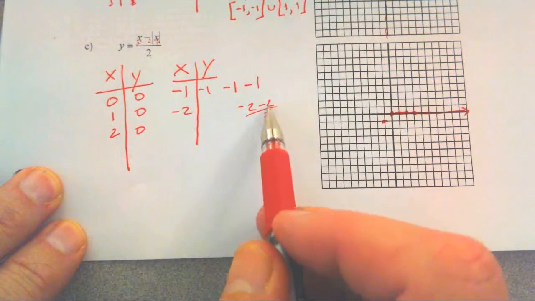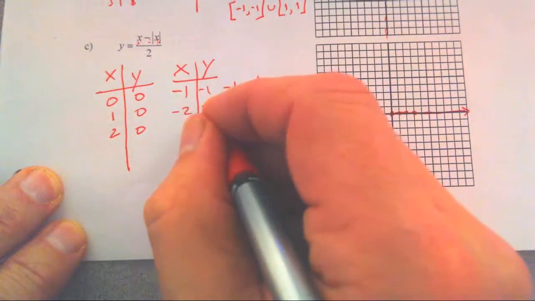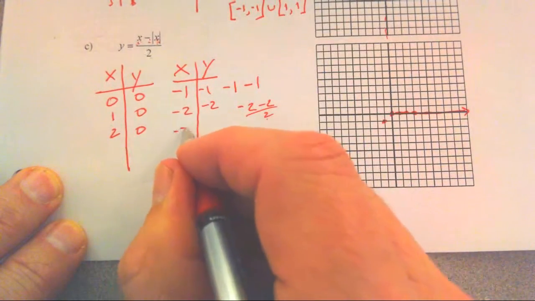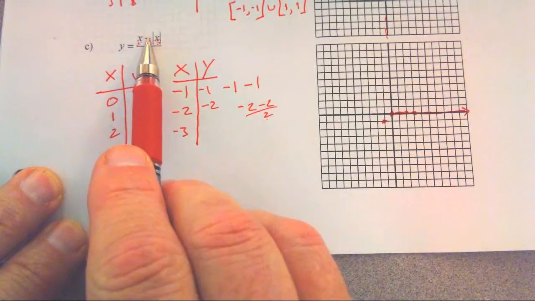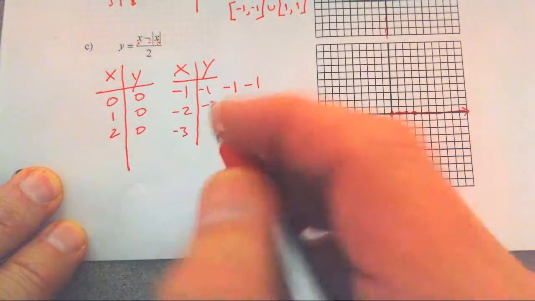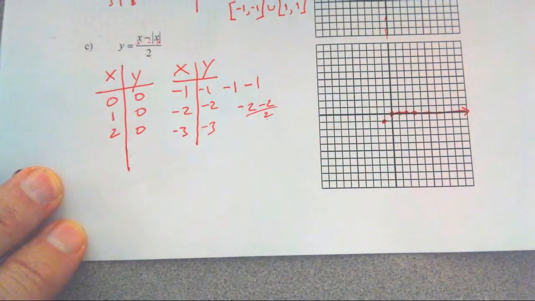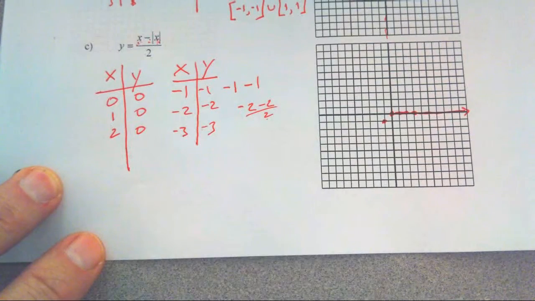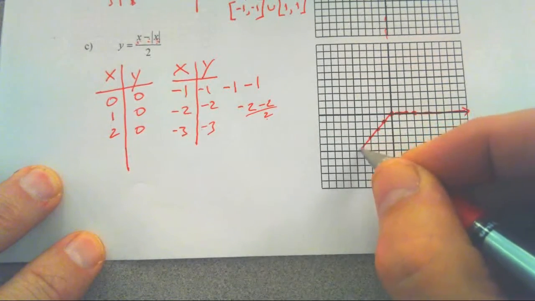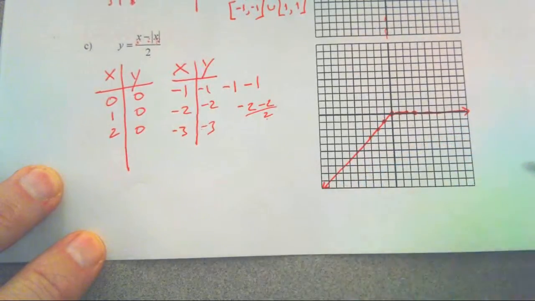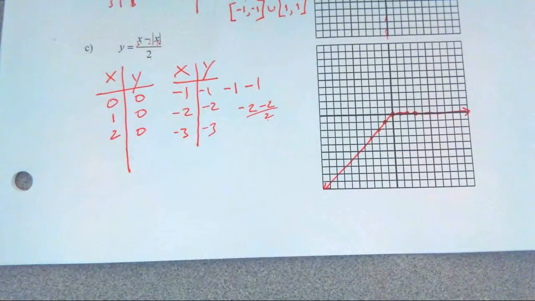I get negative 4 on 2. I get negative 2. One more to convince me. Negative 3. I get negative 3 minus positive 3, negative 6 on 2, negative 3. I'm pretty convinced. You might want to go back and put in negative 0.1.